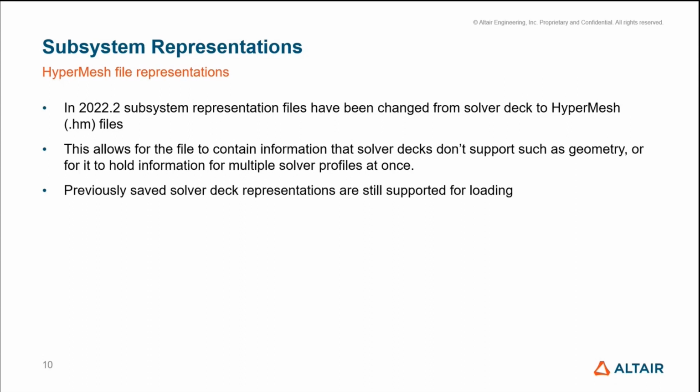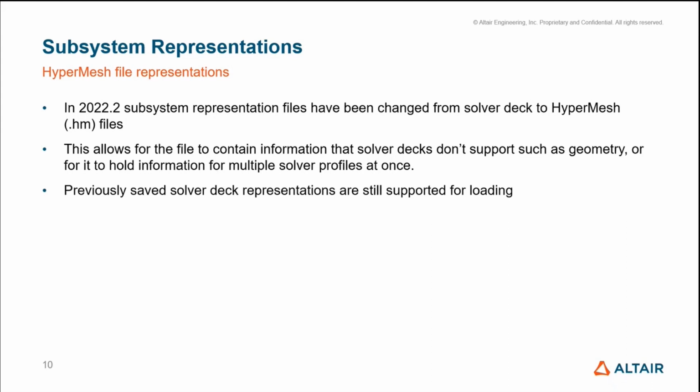So it allows for the hypermesh file to contain information that solver decks don't support, such as geometry. It also allows the hypermesh file to contain information for multiple solver profiles at once. Obviously, if you write out an OptiStruct deck, it's only got OptiStruct information in it, whereas a hypermesh file can contain information about Radioss and OptiStruct at the same time.